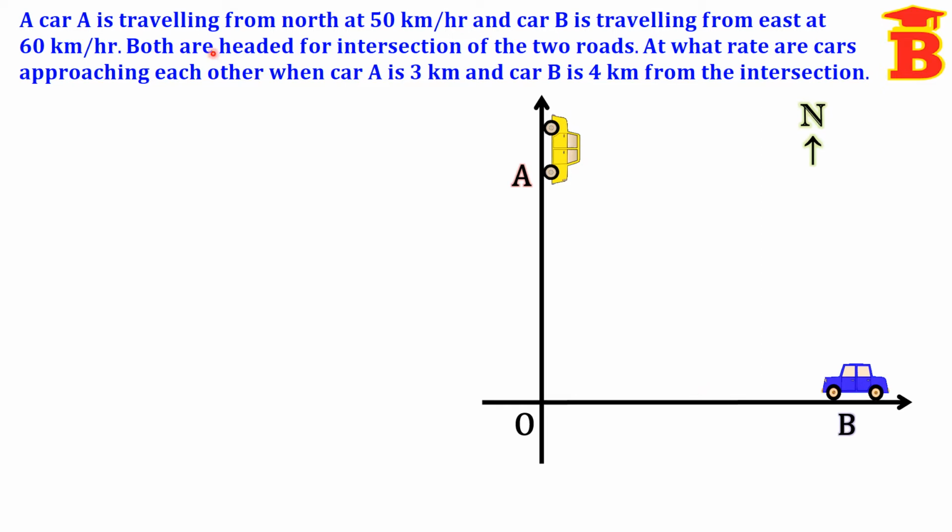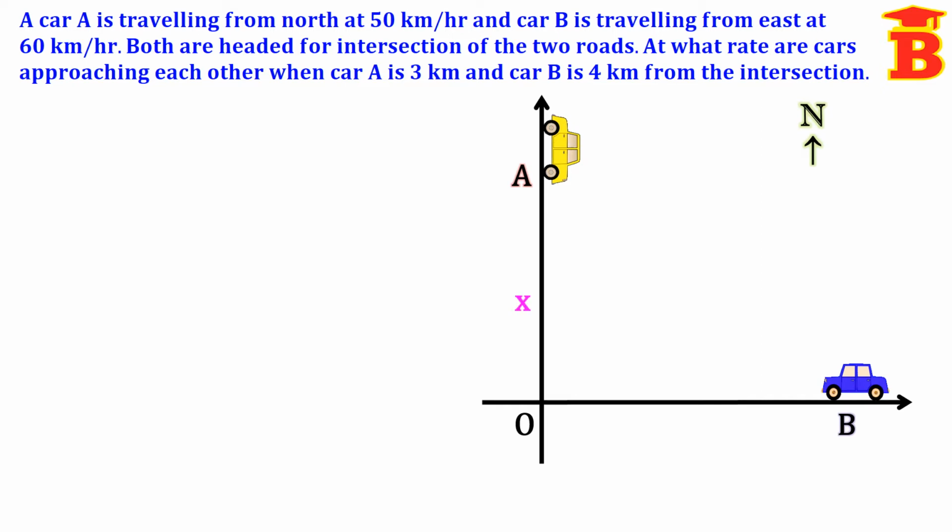See the next line, both are headed for the intersection of the two roads. That means both are approaching each other. So they are moving towards the point of intersection, that is O. We have to find at what rate the cars are approaching each other.